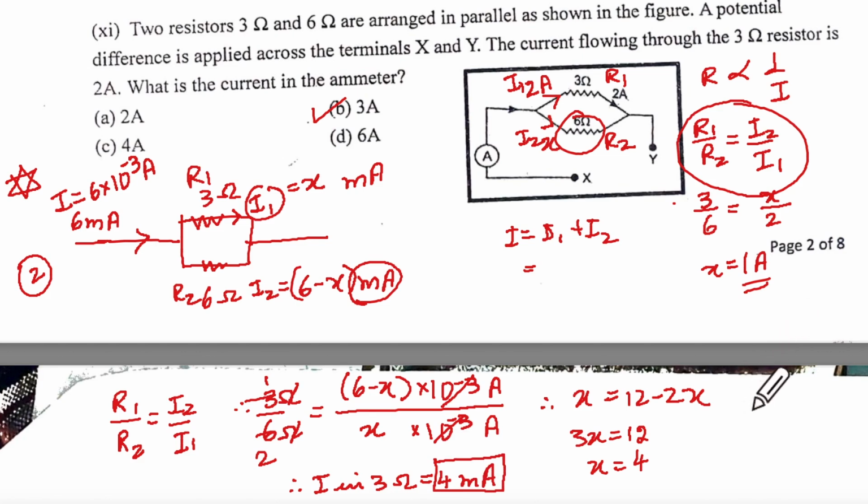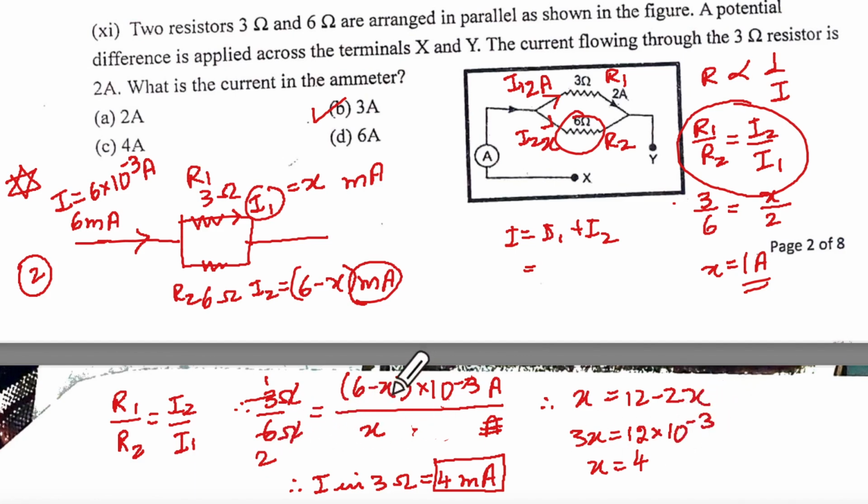I do not know whether I should have written this or not. I think I should not have written this. If I do not write like this, then this will be x into this thing. So x, and then I will get this into 10 to the power minus 3.